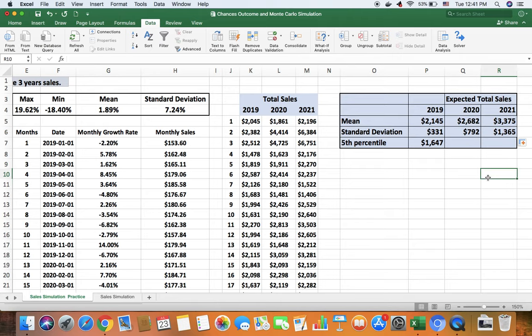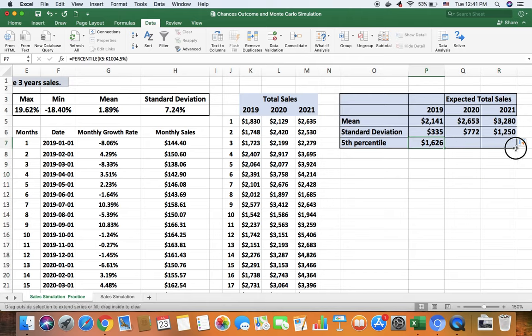Standard deviation gives us the idea of how volatile the total sales are. And the 5th percentile, slide over.